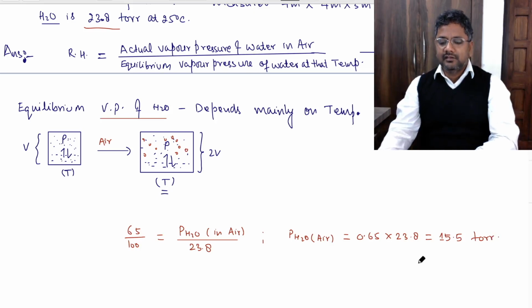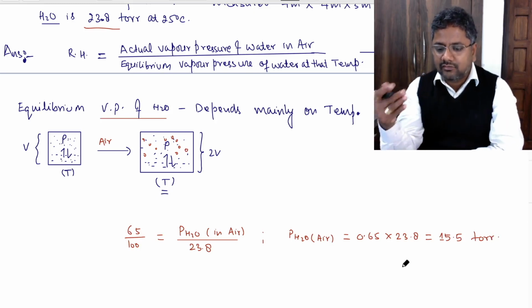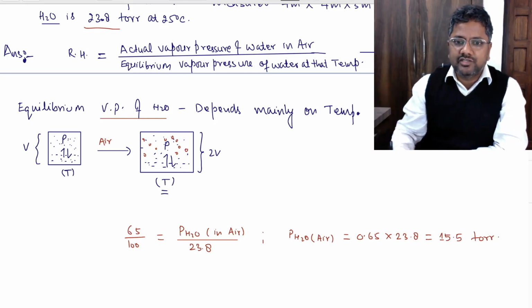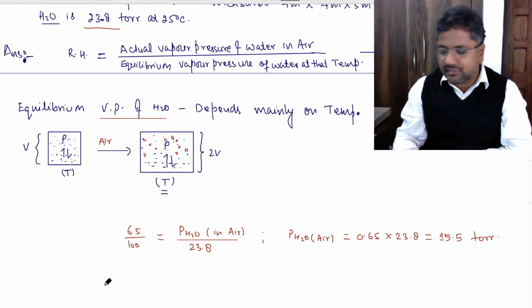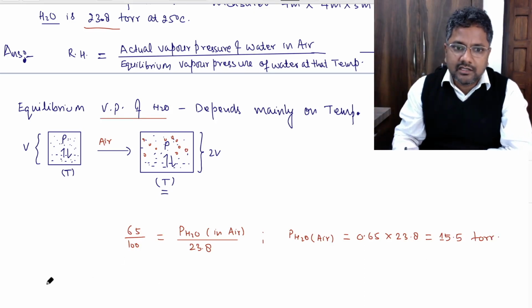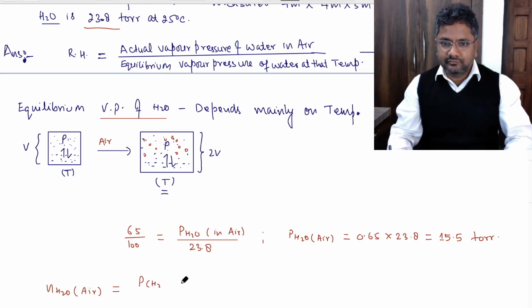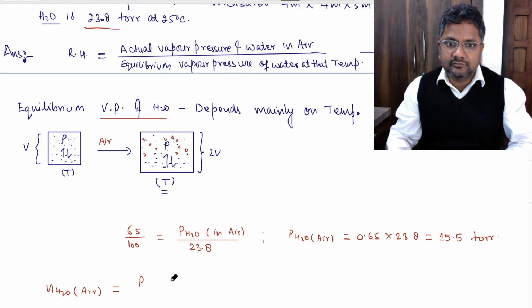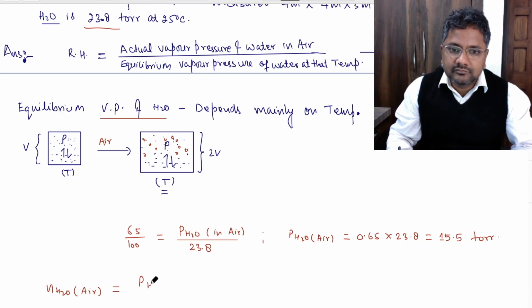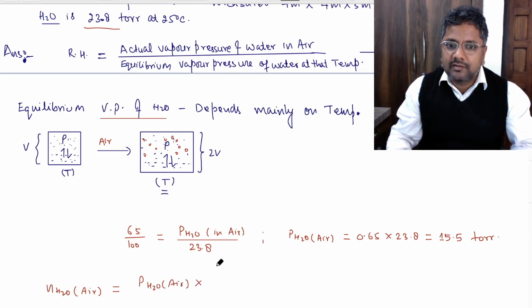Right? Now you can calculate the moles by using the equation PV is equal to nRT. So moles of water in air is equal to pressure of water in air multiplied by volume.